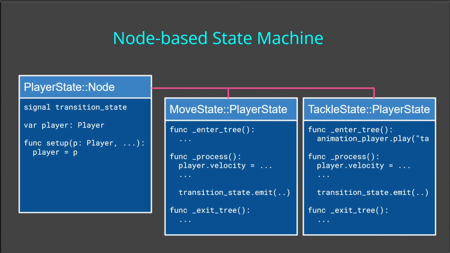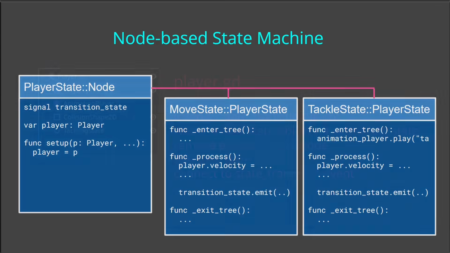And in the exit tree, we'll include logic meant to be executed just once prior to switching states. Whenever the node is being processed by the engine, the state will have access to the player property and be able to alter its properties directly until it's ready to transition to a different state, at which point it will actually trigger a custom signal for this.